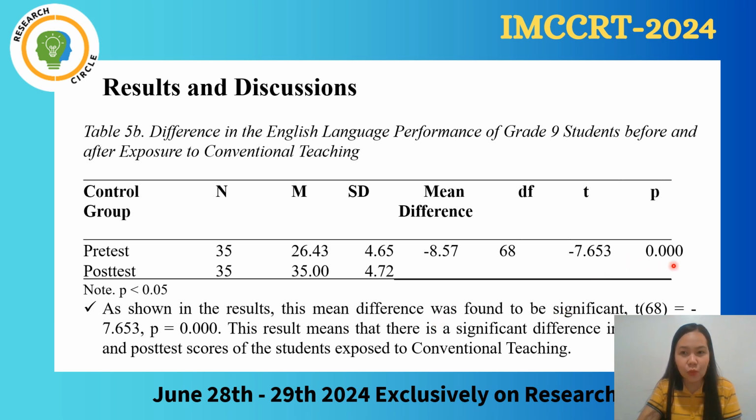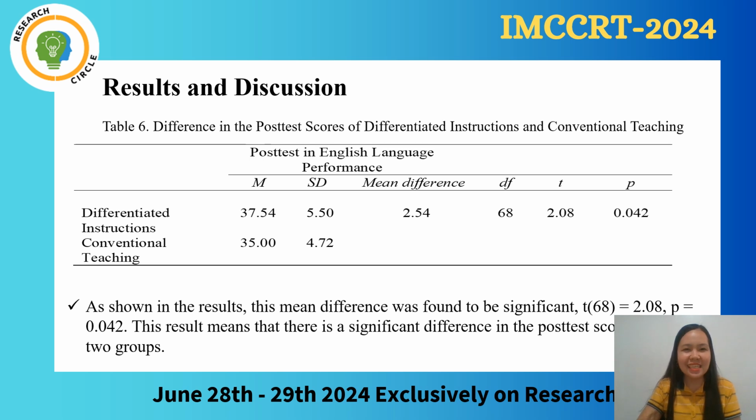We have here P is equal to 0.000. The result means that there is a significant difference in the pre-test and post-test scores of students exposed to conventional teaching. Table 6 shows the mean difference, which is found to be significant. We have here P is equal to 0.042. The result means that there is a significant difference in the post-test scores of the two groups.